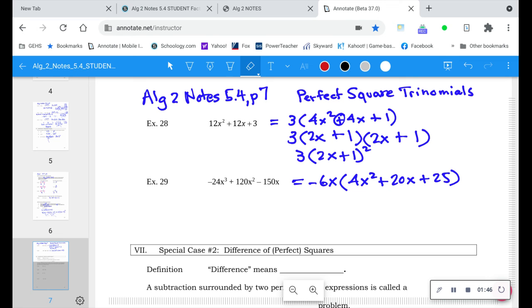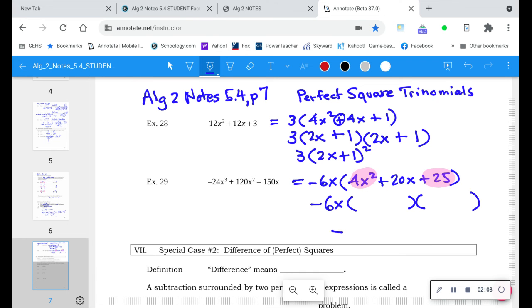Now, at this point, you should immediately notice that we've got a perfect square there, 2x times 2x, and a perfect square there, that would be 5 times 5. And then you multiply those, 2x times 5 is 10x, double it to get the middle. So we're good. And all you're going to do here is use those square roots again.